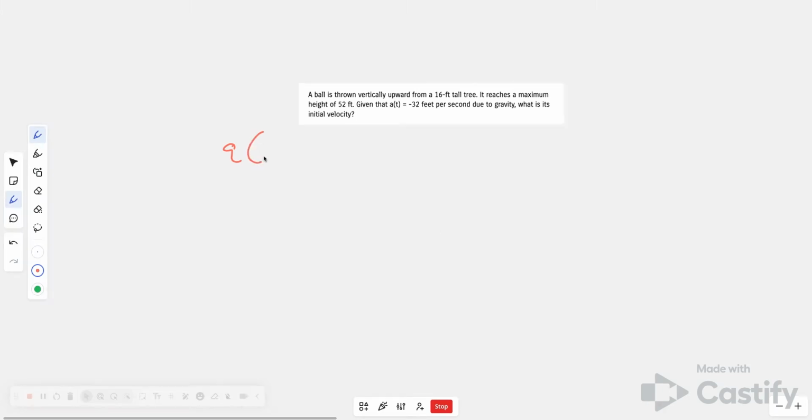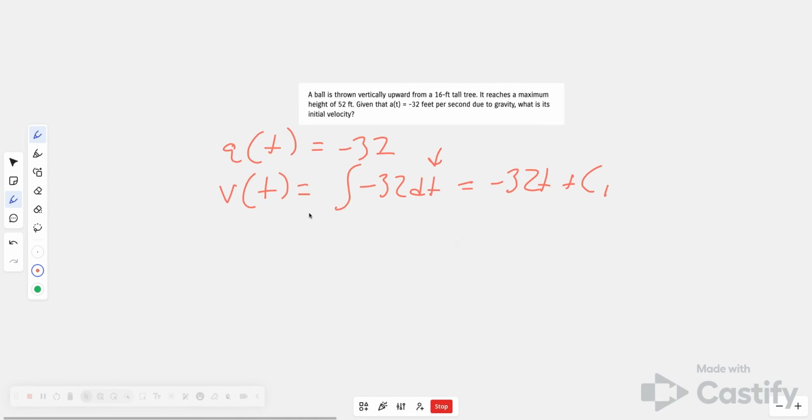So first, a of t is equal to negative 32. So v of t is equal to the integral of negative 32 dt. And remember to use t whenever we're doing these problems because that's the variable, not x, so keep them consistent. And we also can't forget our constant of integration.